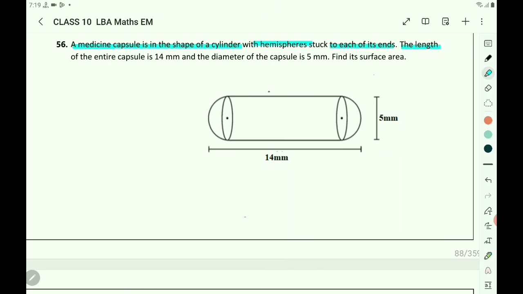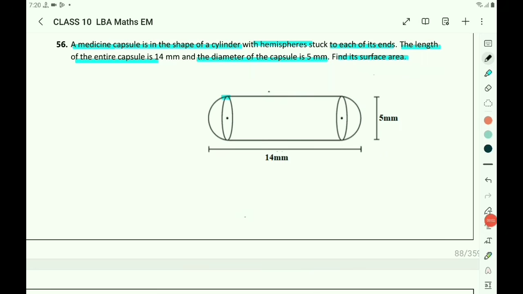The length of the entire capsule is 14 mm and the diameter of the capsule is 5 mm. Find its surface area. Here the shape of the capsule is given: the middle portion is cylindrical and the two ends are hemispheres.